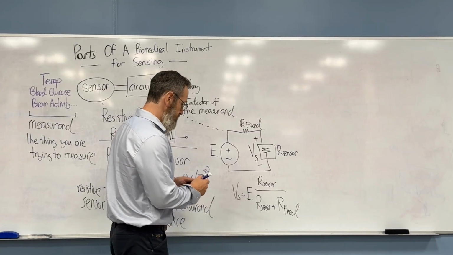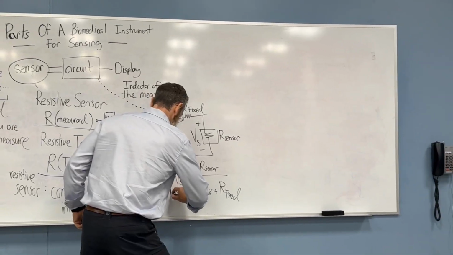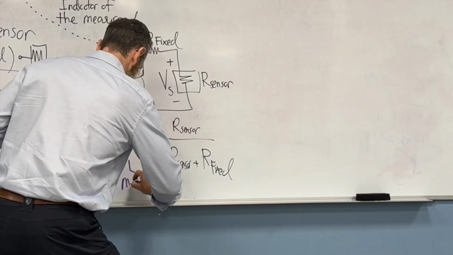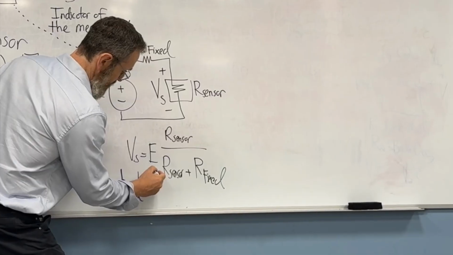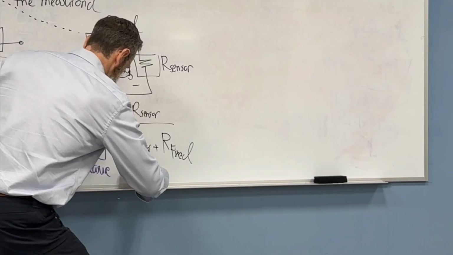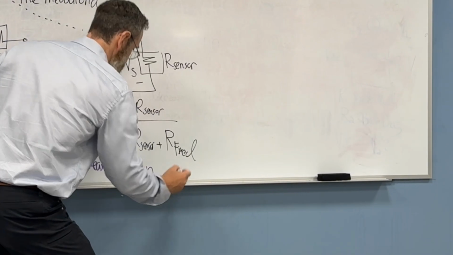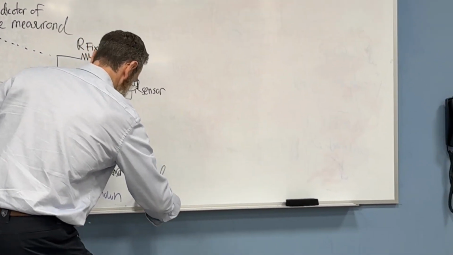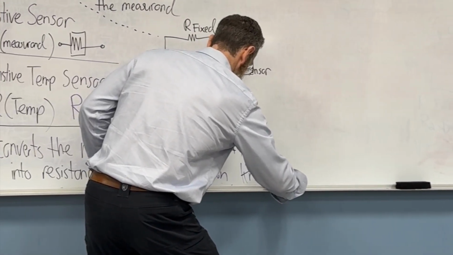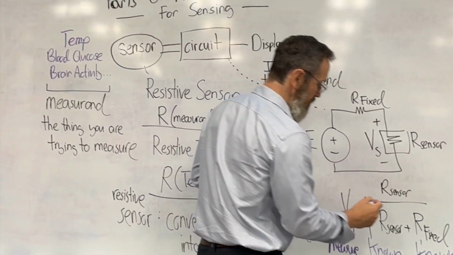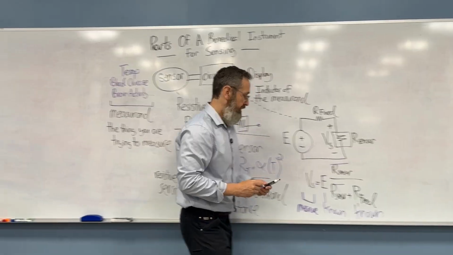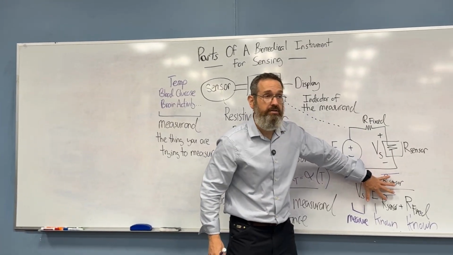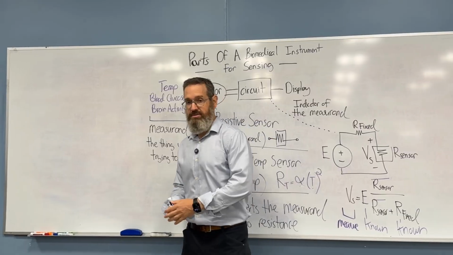And the way we approach this problem is by identifying that this is something that we measure. This is known. This is known. And so I'll put a line over the unknowns, right? There's only one unknown here. How do we measure this?